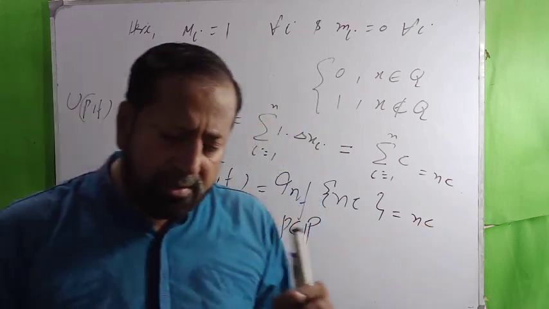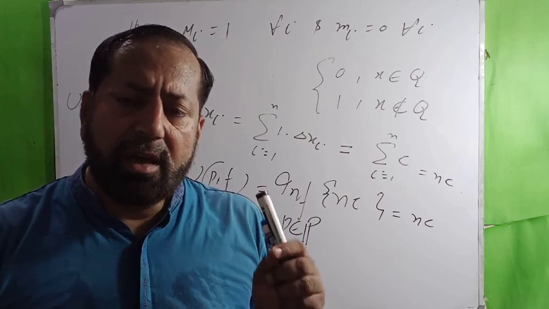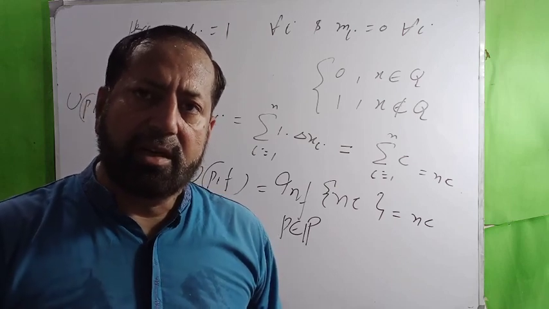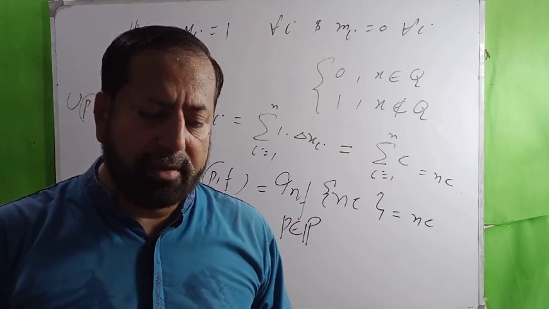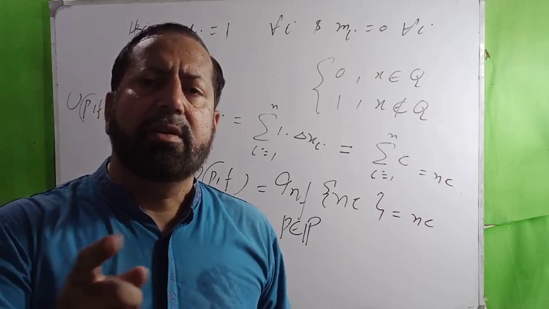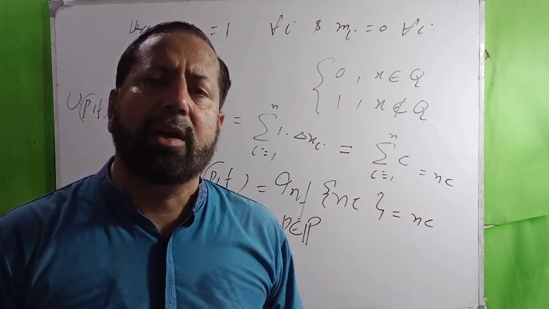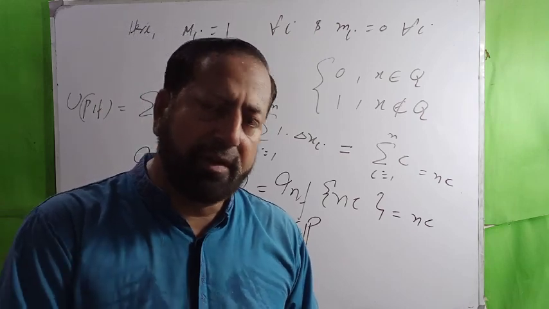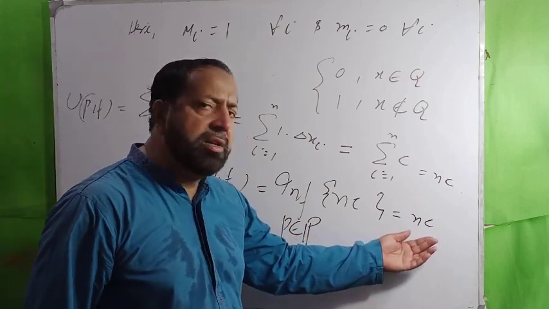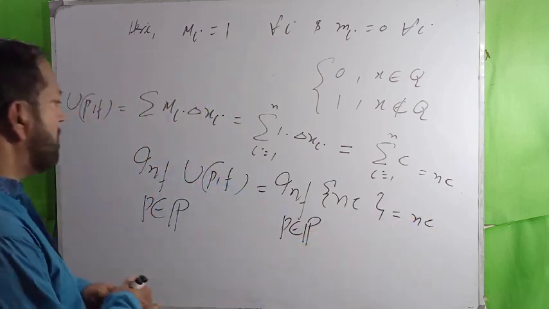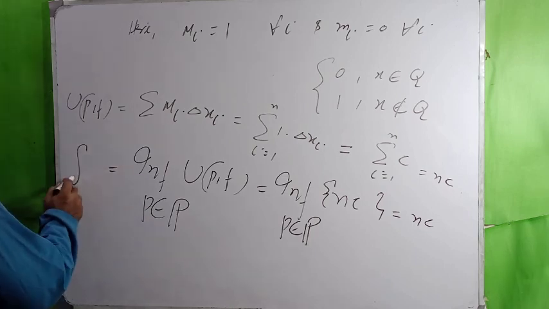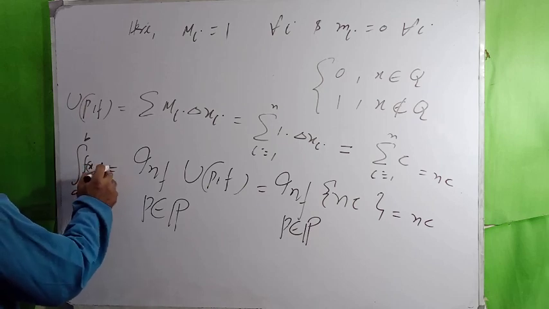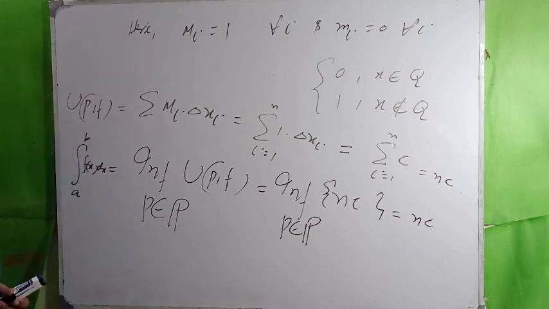Suppose we are also fixing one thing: in every partition you are taking endpoints, with the understanding that the distance between two points is the same, I mean the length of every subinterval is c. That's why this is nc, a constant number. So the upper integral from a to b of f(x) dx is equal to nc, right?